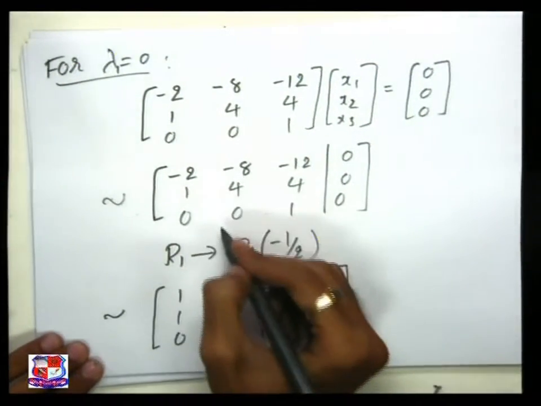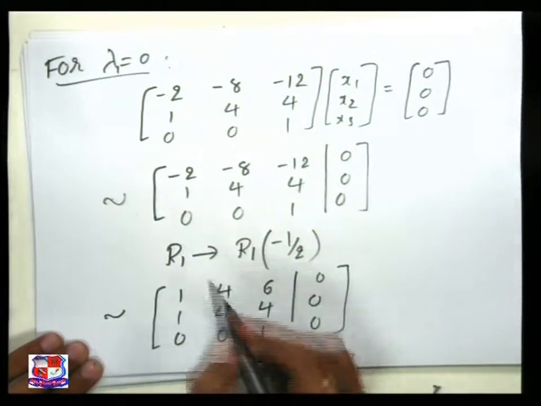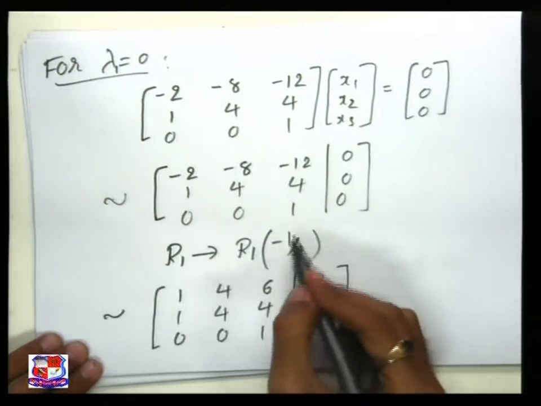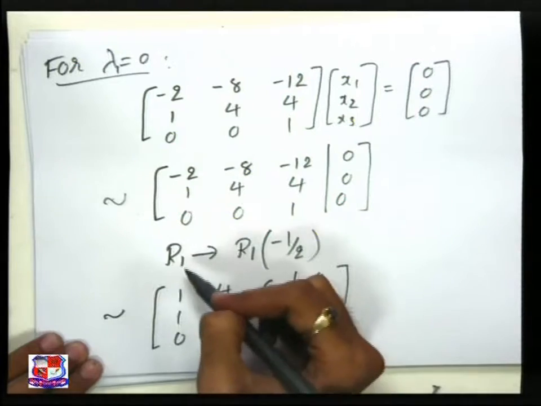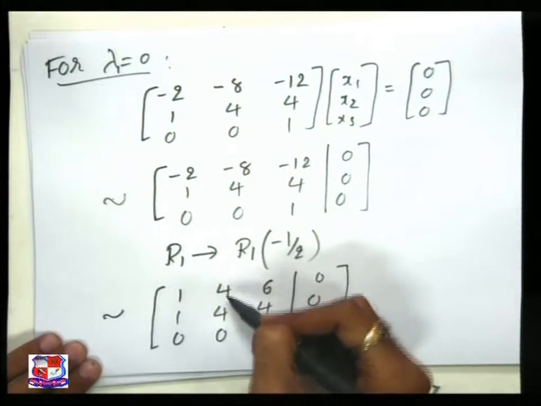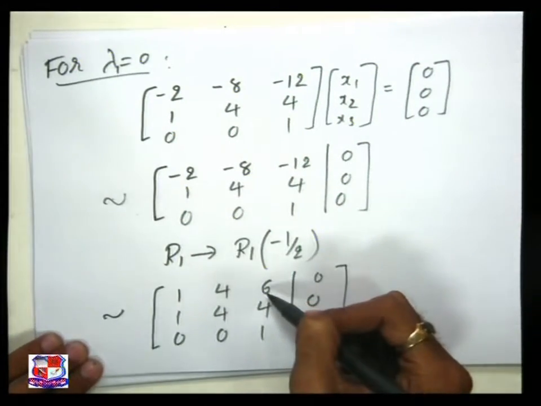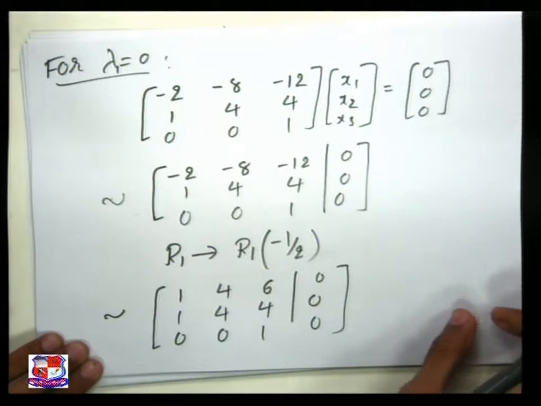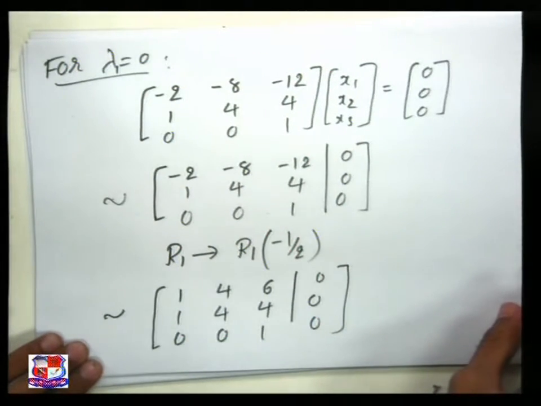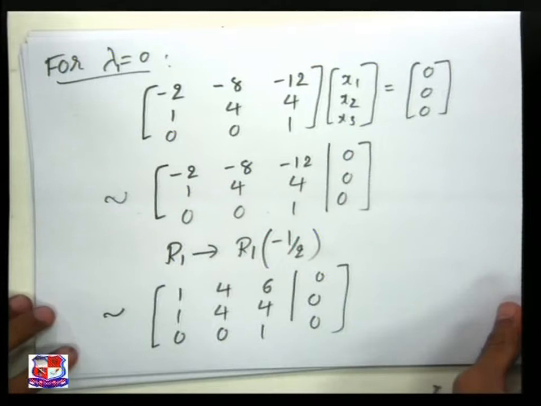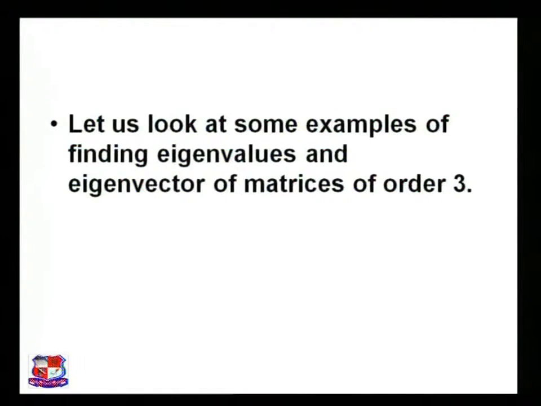The second row and third row remain the same. Here I have divided the first row by minus 2, so minus 2 by minus 2 is 1, minus 8 by minus 2 is 4, minus 12 by minus 2 is 6. Now I will do the second operation: R2 becomes R2 minus R1.